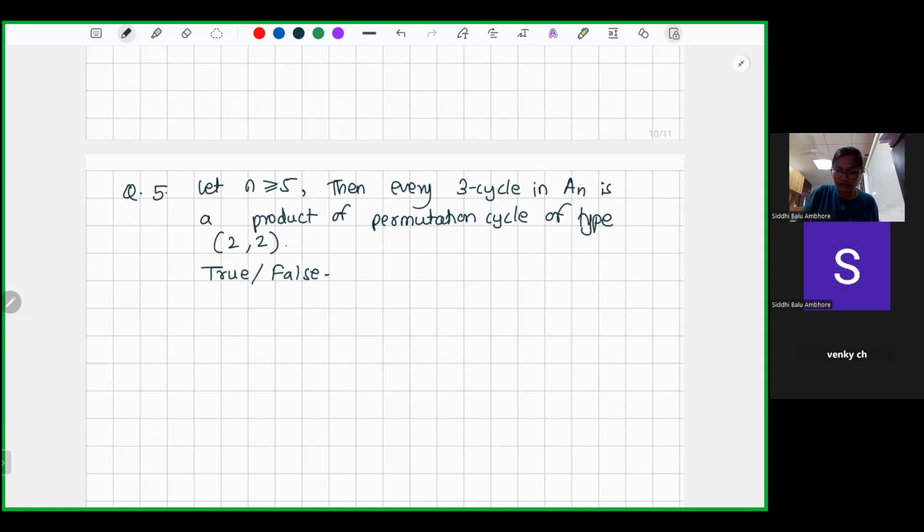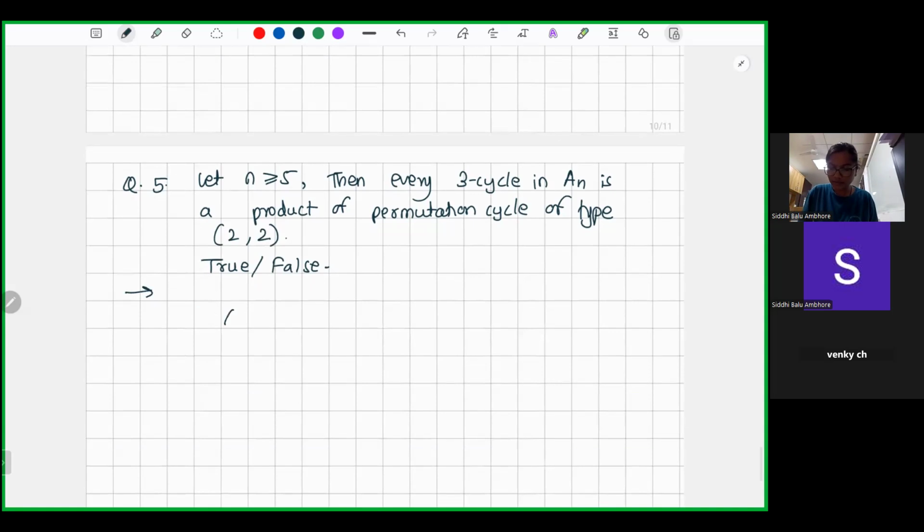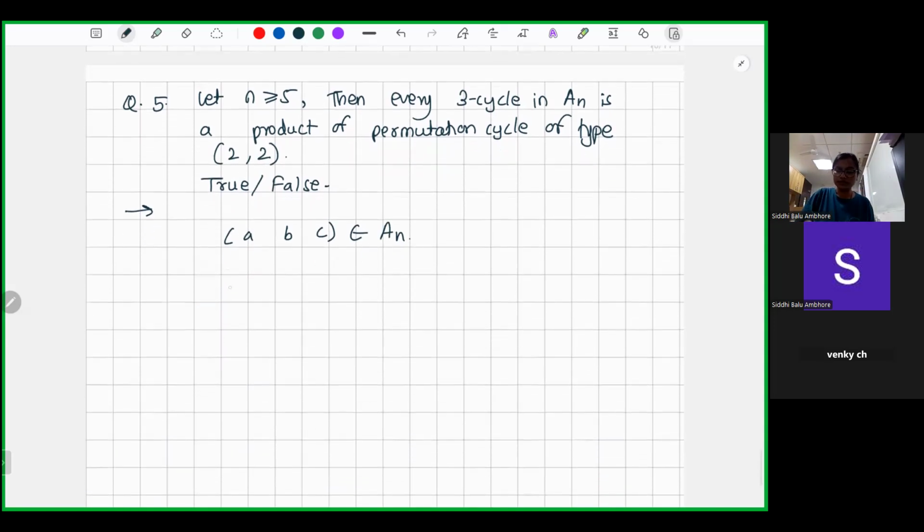So what they are saying is that every 3 cycle, so any (A B C) in A_n, is a product of permutation cycles of type 2-2. So it means that this (A B C) is a product of these two permutations.